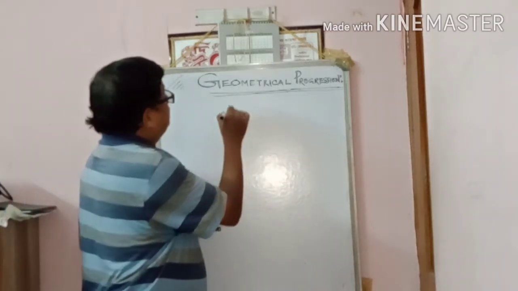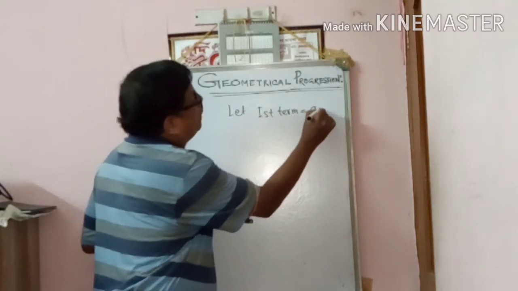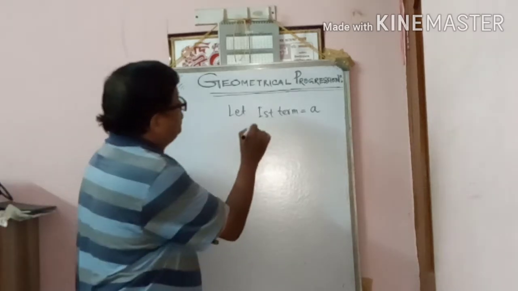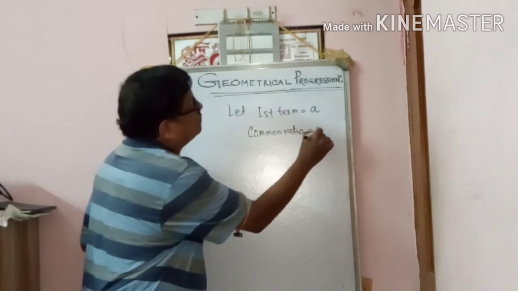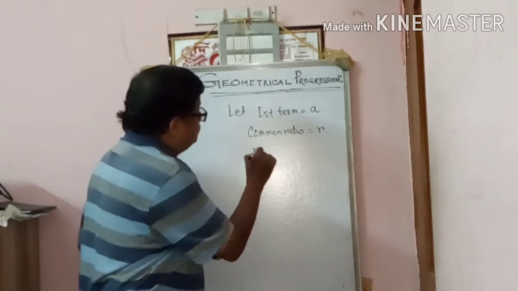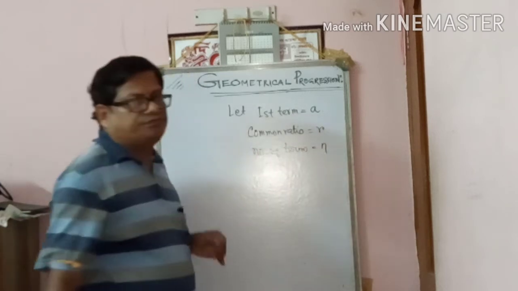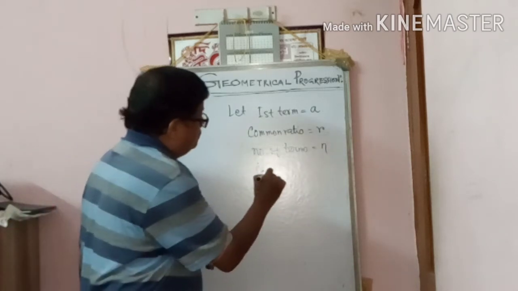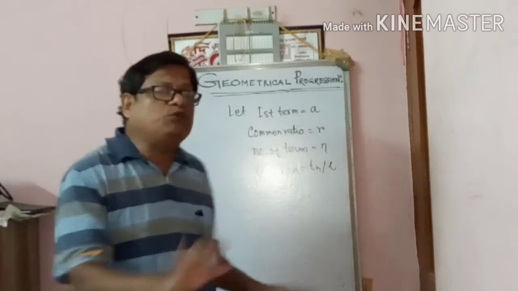So let first term equal to A. Common ratio equal to R. Number of terms equal to N. Last term equal to Tn or L. Either one you can write.